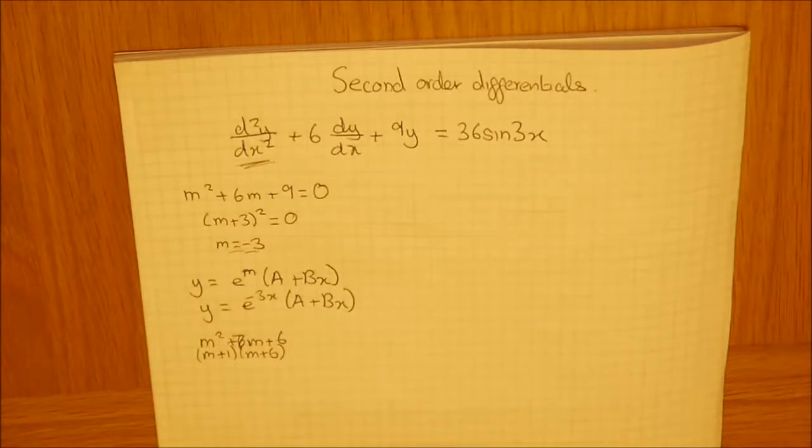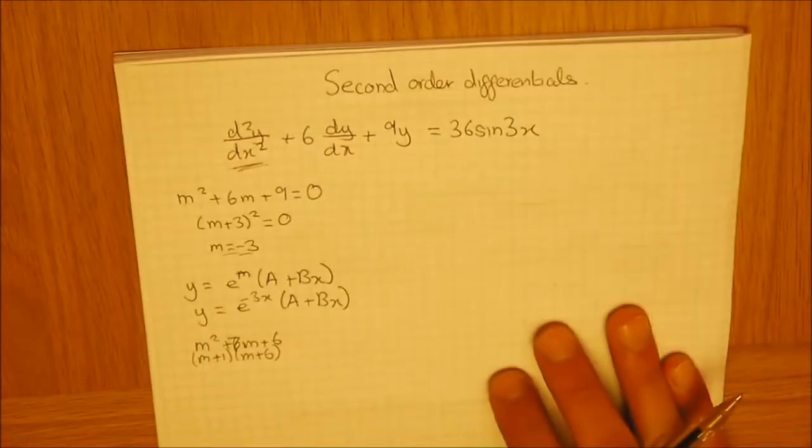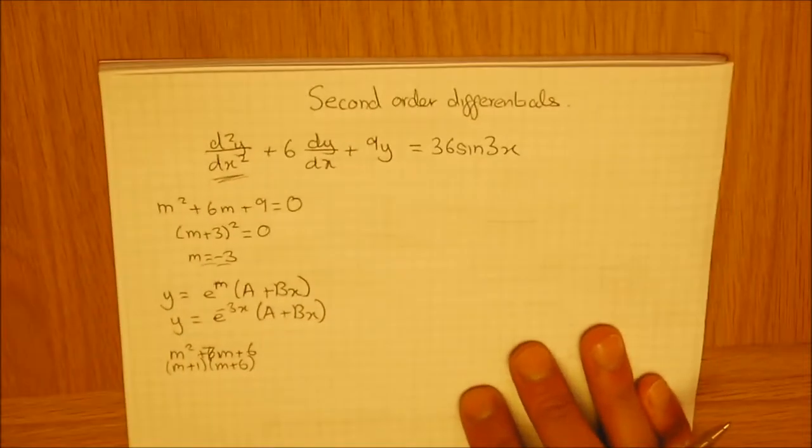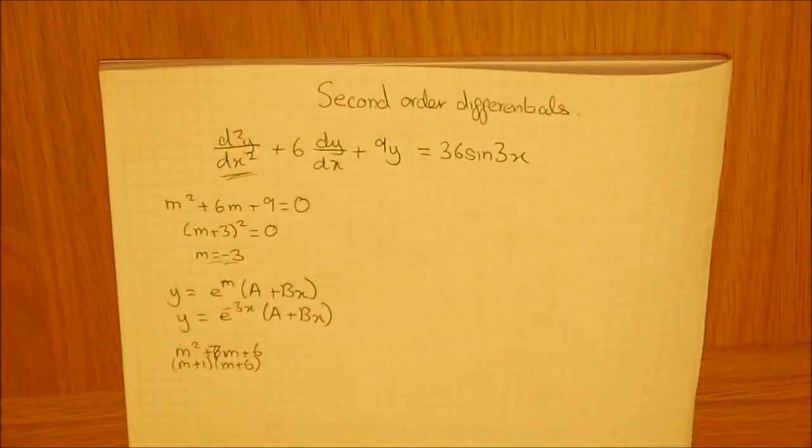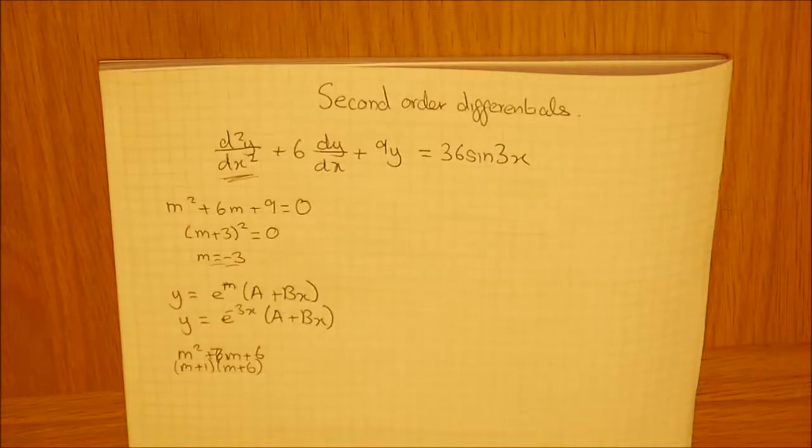That would be heavy damping, and if it's got complex roots it'll be light damping. This is our brief foray into simple harmonic motion. Depending on your complementary function depends on the type of damping acting on the system, and that is particularly important. Anyhow, that's the easy bit.